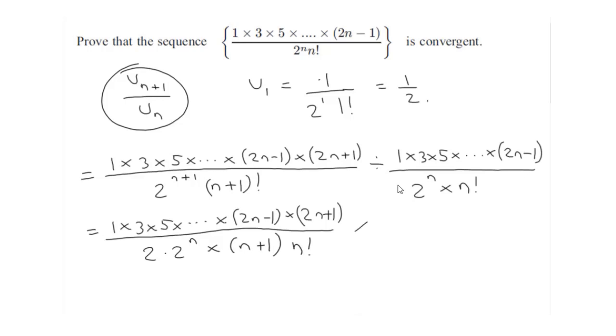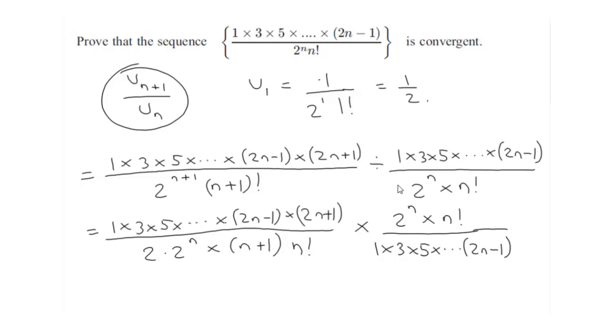And we're dividing, so we're multiplying by its reciprocal, so that would be 2 to the n times n factorial over 1 times 3 times 5 times ... all the way up to 2n minus 1.